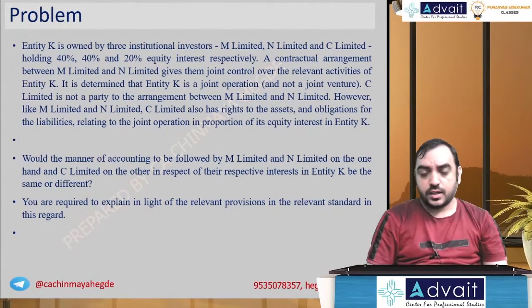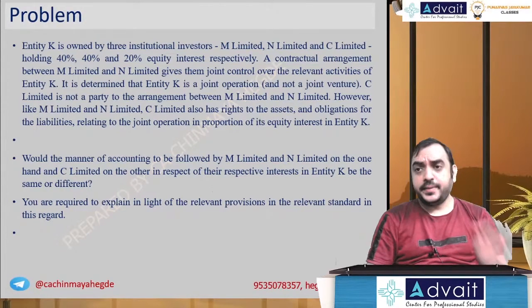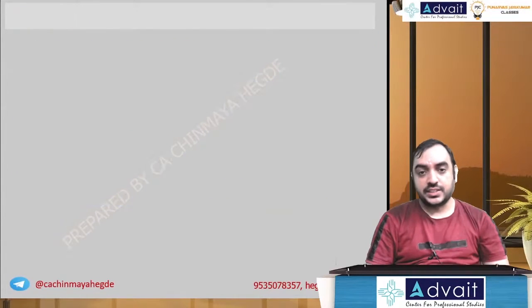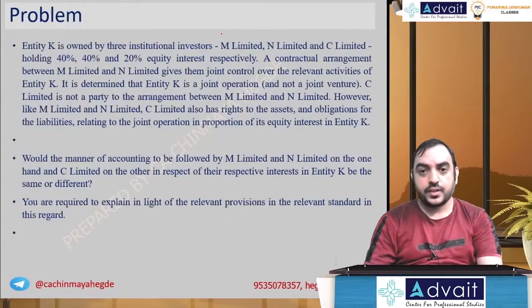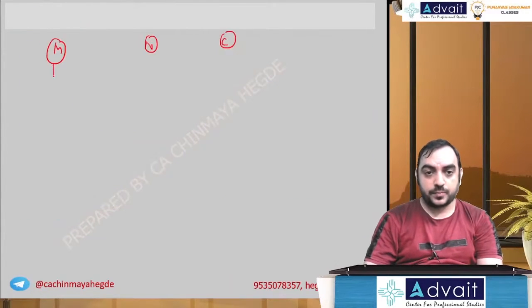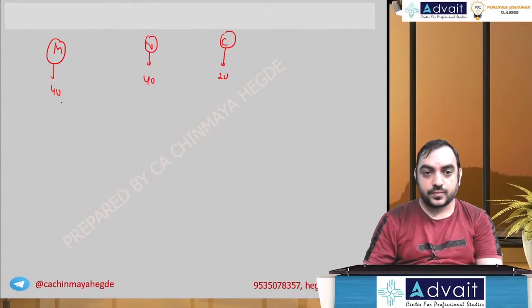Okay, let me give the facts of the case once more. Entity K is owned by three investors, M, N and C. So M Limited, N Limited, C Limited, having 40, 40, 20 in K Limited.